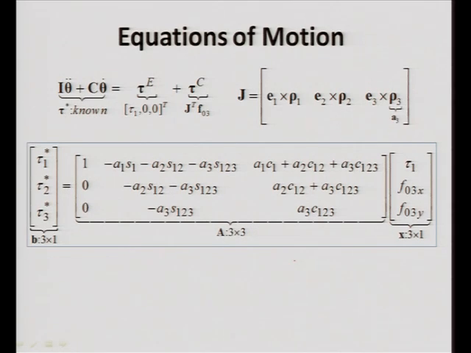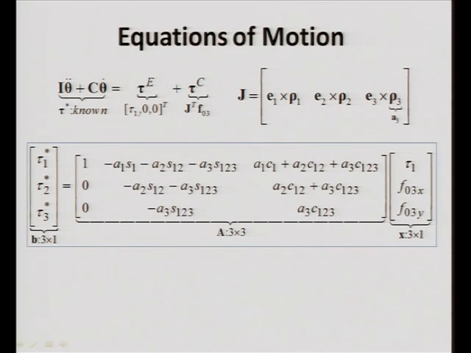So, I go back to the expression which I started with. So, I theta double dot plus C theta dot, I told you this is a known quantity, means I can compute it for given parameters. I give it a name for simplification purposes, tau star. So, this is a known quantity. Tau E, the external component, will be only tau 1, 0, 0.